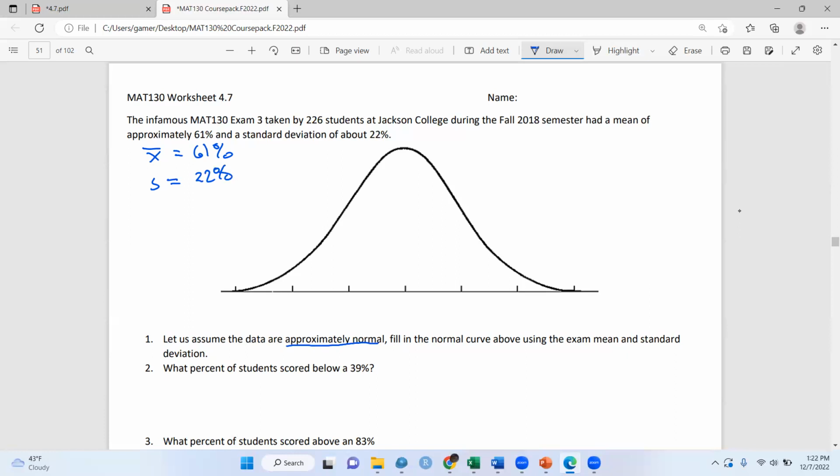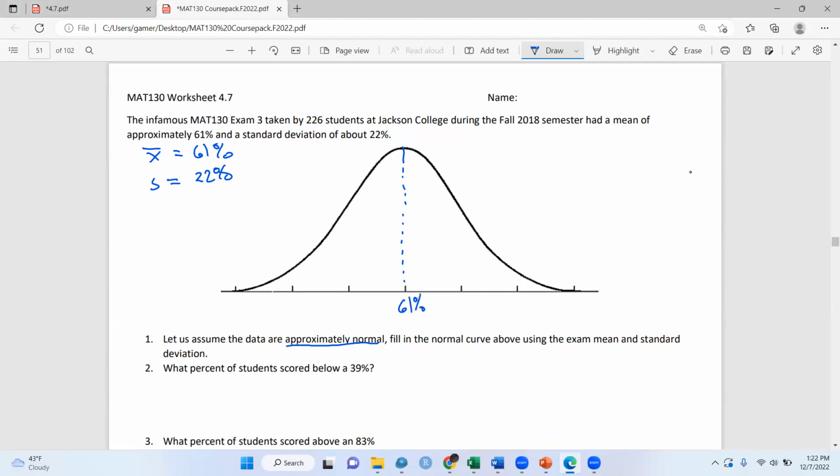Well, first, you all tell me, where does the 61% go? Yeah, the exact center, right? The center of a normal distribution is always the mean.